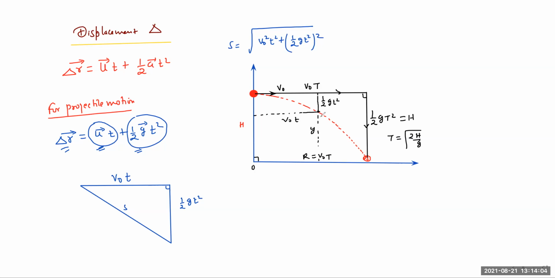This is y, this is x. Clearly x is v naught t, and y is nothing but h minus half g t squared. Do you realize this?